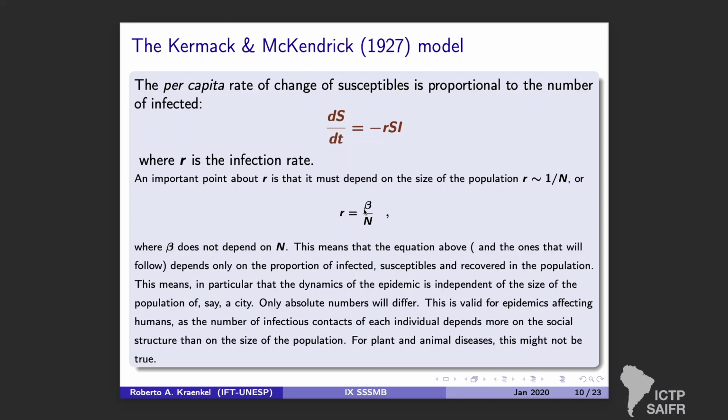It is not necessarily true for animals. Mainly when you have diseases, for instance, in cattle or animals that humans can manage, for animals that don't have a structure of society, if you just have a higher density, a higher number, they have proportionally more contacts.